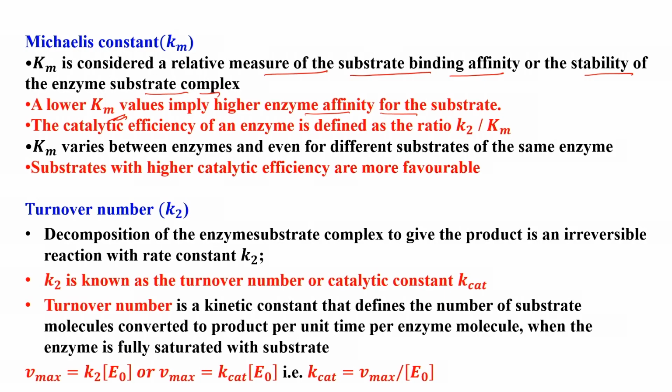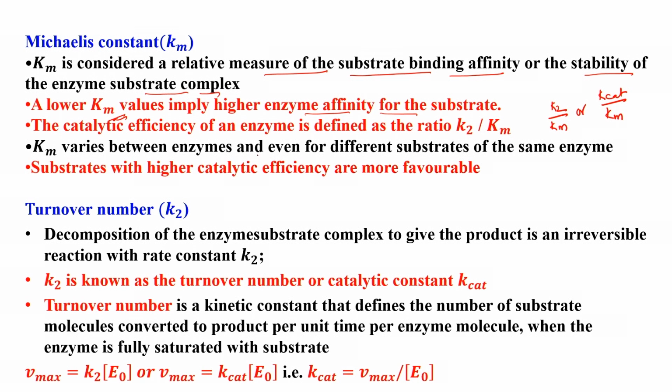In fact, one can calculate the catalytic efficiency of an enzyme by calculating K2 upon Km or K catalytic upon Km. So, if Km value is low, what does it mean? It will have a higher value of catalytic efficiency.